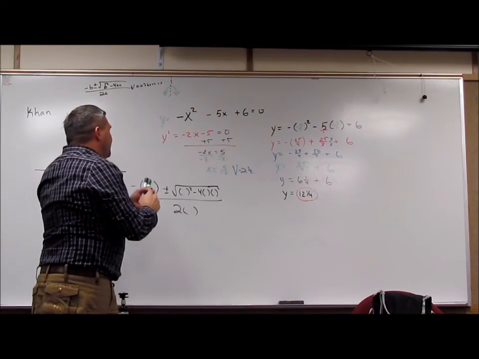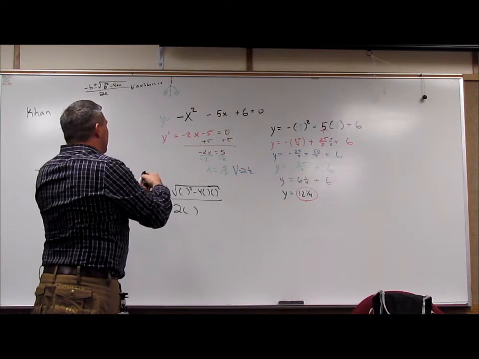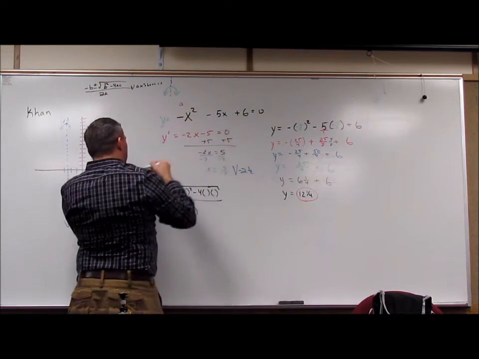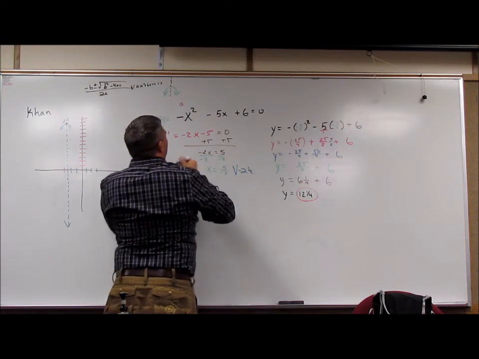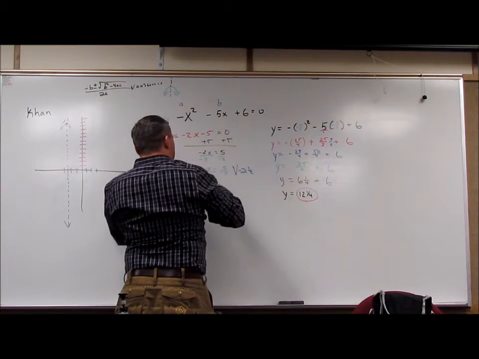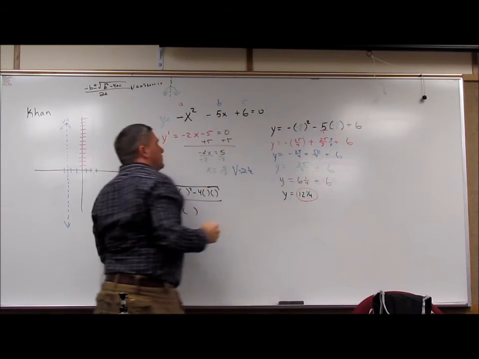So therefore I can say that this is a. I'm going to use a as red, b is blue, and c is green.